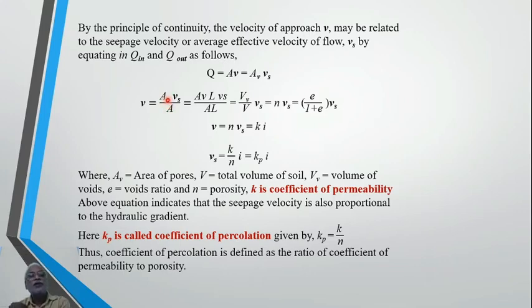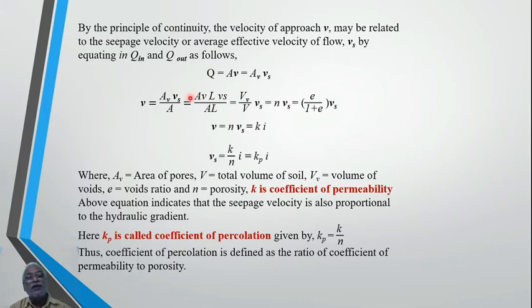Right, volume of voids is nothing but area of voids multiplied by length L, and area multiplied by L is nothing but total volume. So from this, what I have done is multiply by L divided by L, keeping all other terms the same. Here Vs has to be suffix s, Av, v has to be suffix v.